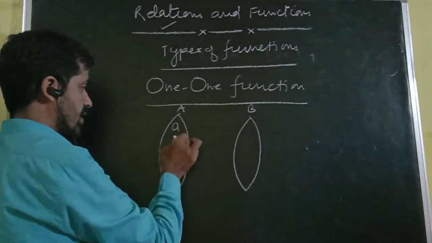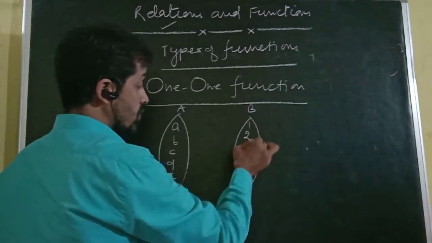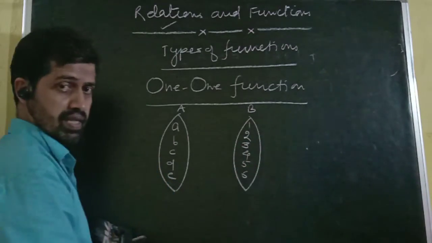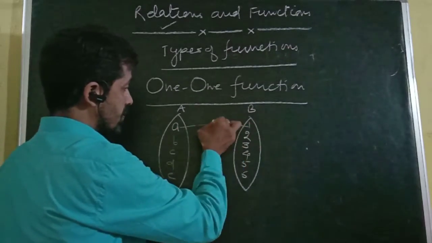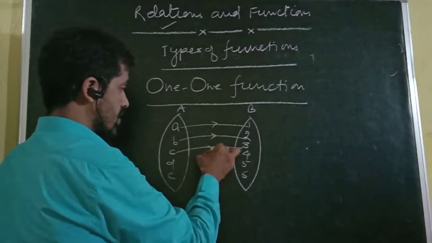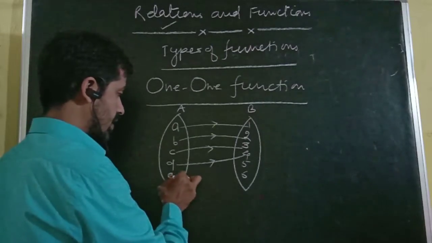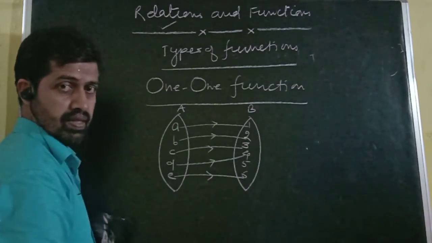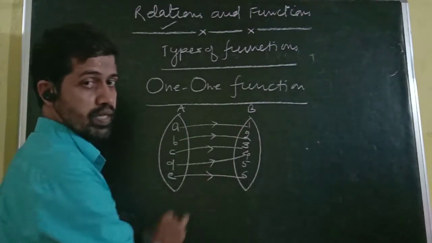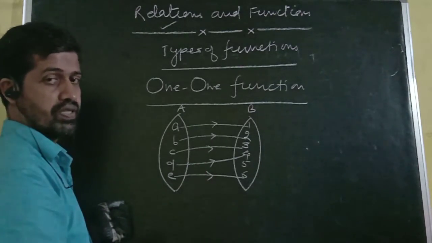Say elements are A, B, C, D, E. Here elements in codomain 1, 2, 3, 4, 5, 6. Then A is related to 1, B is related to 2, C is related to 3, D is related to 4, and say that E is related to 6. So here each element of domain is having only one image in codomain. So this type of function is called one one function.